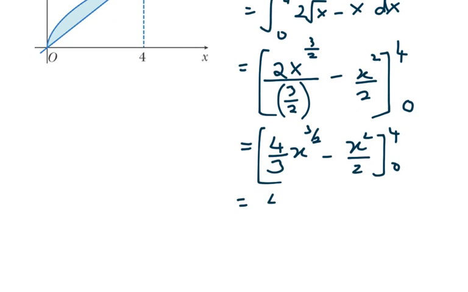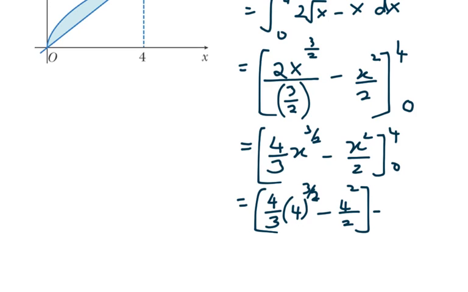You first have 4 over 3 times 4 to the power of 3 over 2, minus 4 squared over 2, and then continue with substitution of 0, which will give you the whole thing as 0. Lastly, put all the values in your calculator. You should be able to get the answer as 8 over 3 square units for the area.